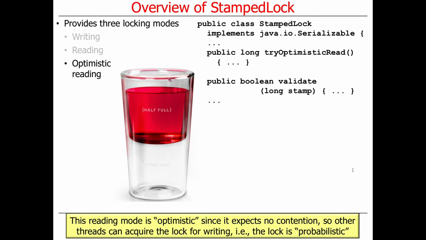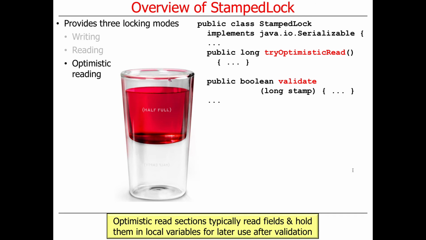So you can think about this as basically a probabilistic lock that is assuming we don't have contention, and when there is no contention, it's ridiculously cheap. If there is contention, however, we have to do some kind of protocol to fall back and deal with the fact that there was potentially contention. So here are the two methods that are important: try optimistic read and validate.